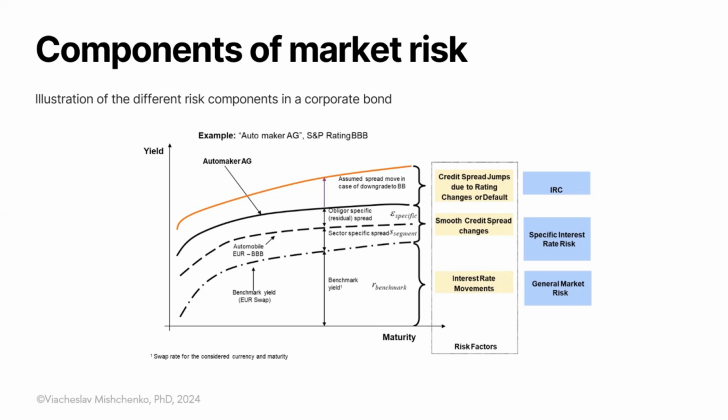And for instance, we will observe the incremental risk charge, or IRC, later on. It may focus in that sense on those credit spread jumps and default risk only, not on general market risk.